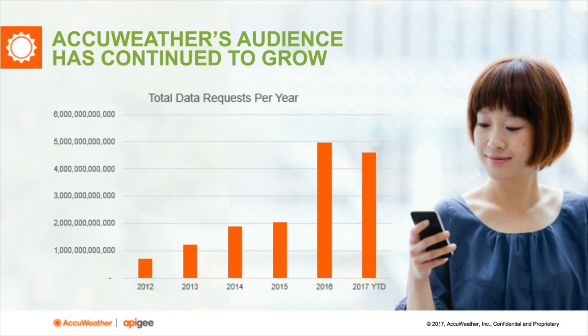So it's allowed us to increase distribution, but at that same time, that increased distribution has enabled us to drive users back to our properties and grow our business as well. And I don't think that fits a lot of other industries where APIs have come in. The delivery is taken over by the API.